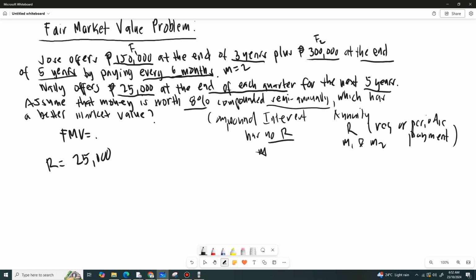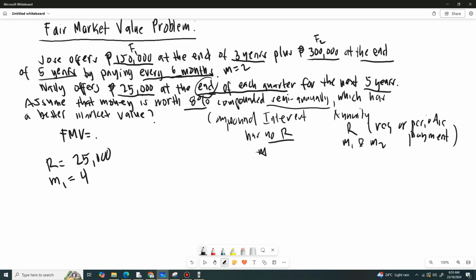So since we have R, we are solving for an annuity. We just don't know yet if it is a simple or general annuity. And when we say end of each quarter, the word end means it is an ordinary annuity. So M1, each quarter, M1 is 4.